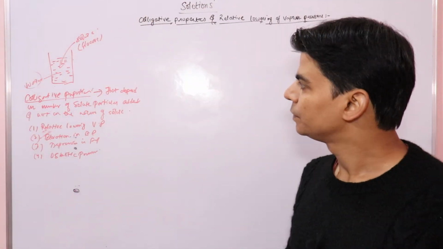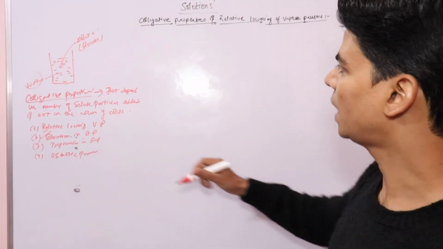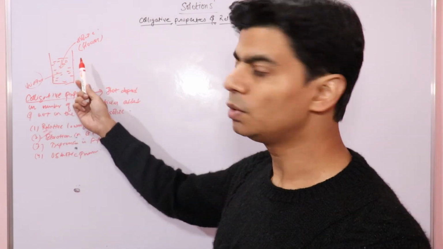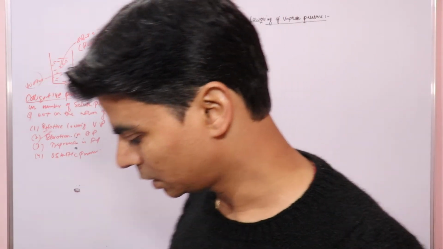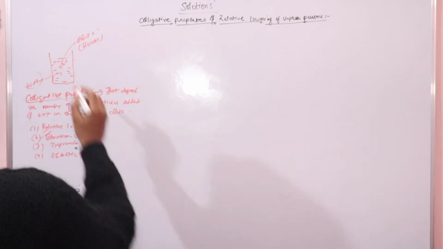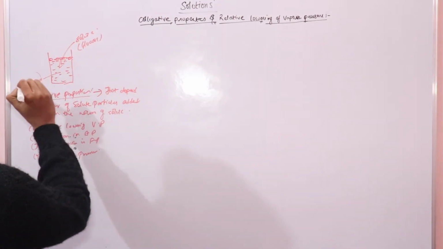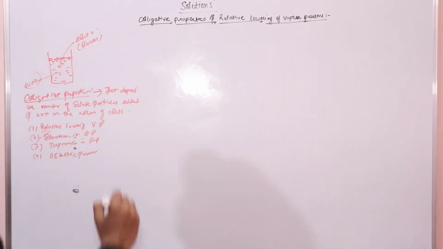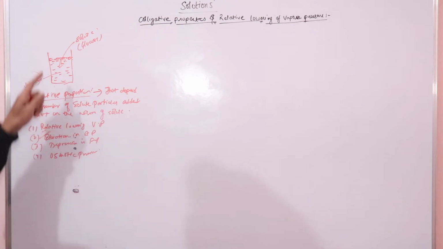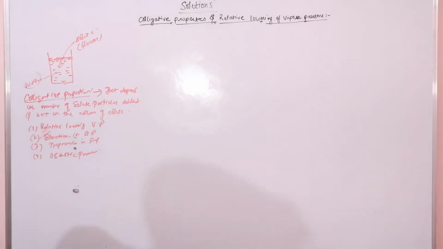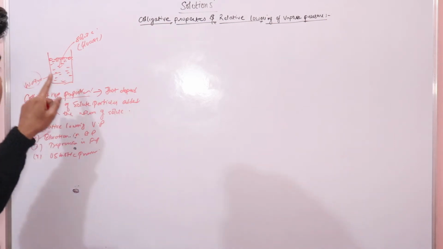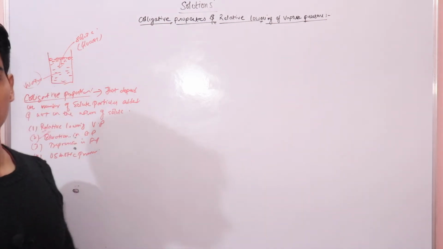I said that when we add solute to the solvent, earlier there were only solvent molecules at the surface. When you add this solute, glucose, it will replace some of the solvent molecules at the surface, due to which the number of solvent molecules at the surface will reduce.